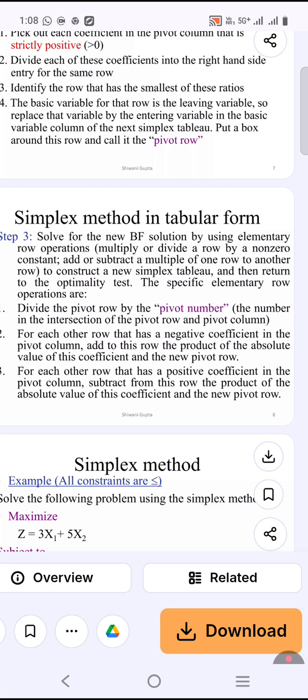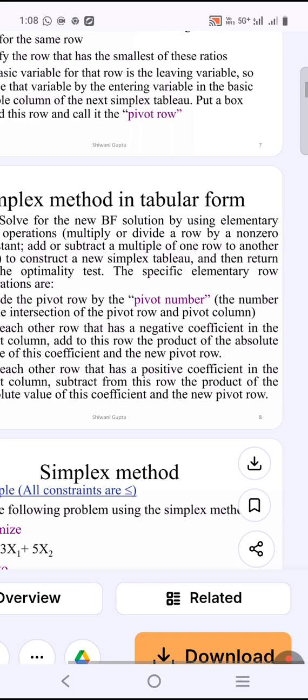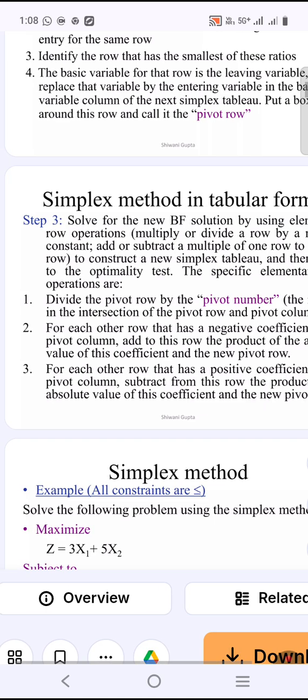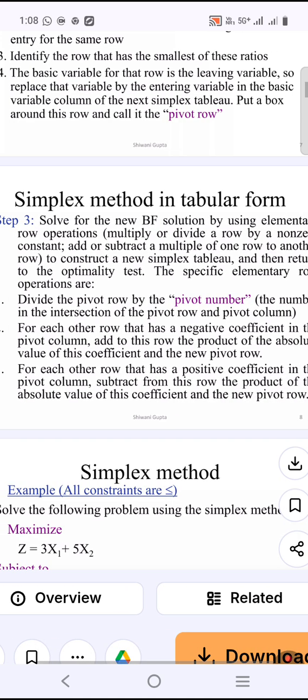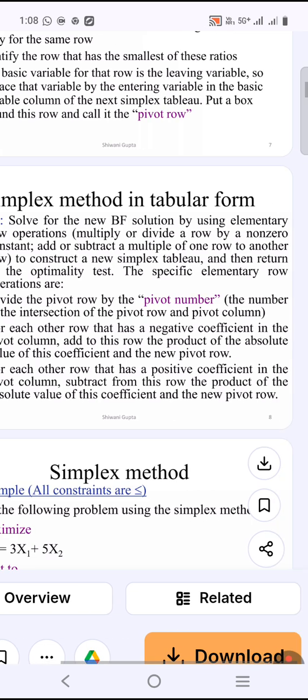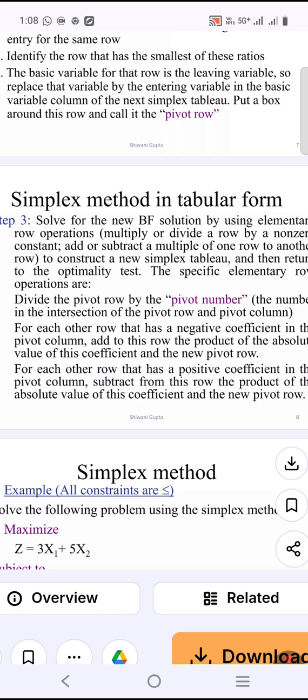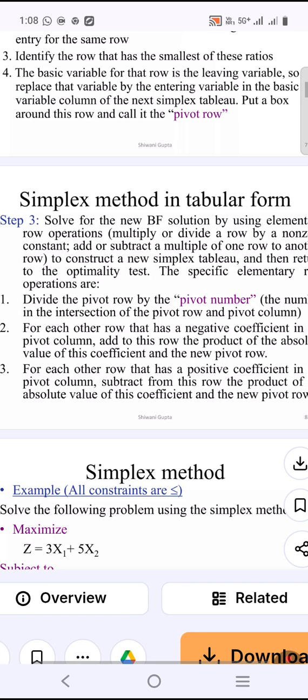The specific elementary row operations are: first, divide the pivot row by the pivot number, the number at the intersection of the pivot row and pivot column. Second, for each row that has a negative coefficient in the pivot column, add to this row the product of the absolute value of this coefficient and the new pivot row.